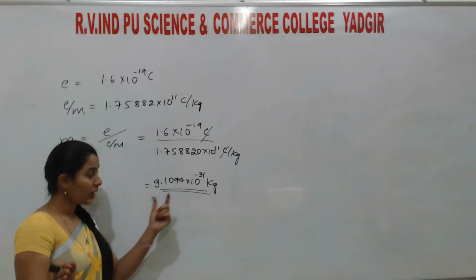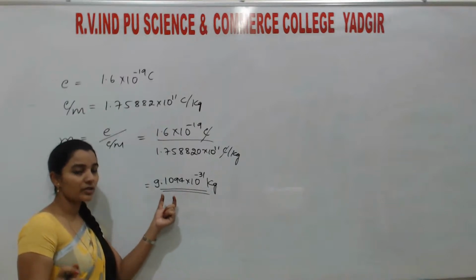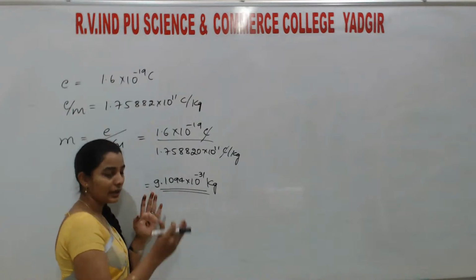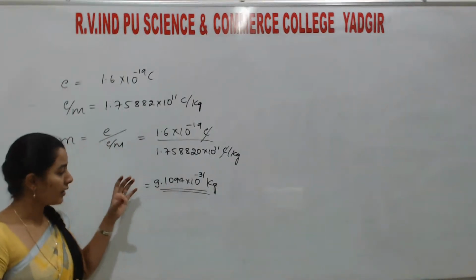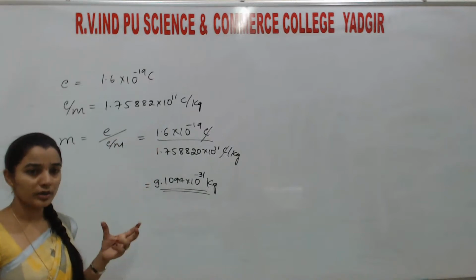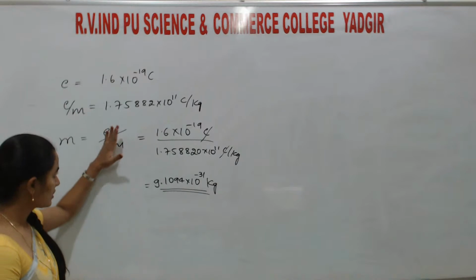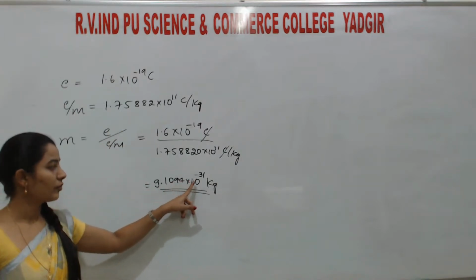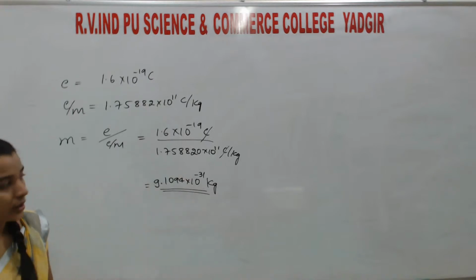Of course, it is not the mass of a single atom, it is actually the mass of a proton. But later I will explain the mass of an atom and how we can compare this value with the atom nucleus. So this is how to calculate it. Remember, the mass is 9.1094 into 10 raised to minus 31 kg.